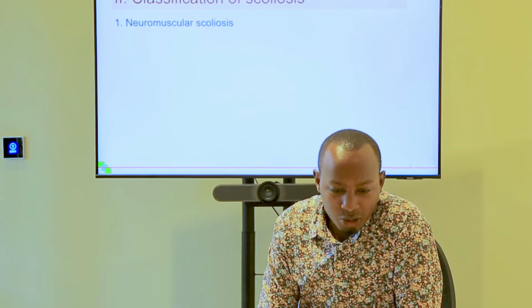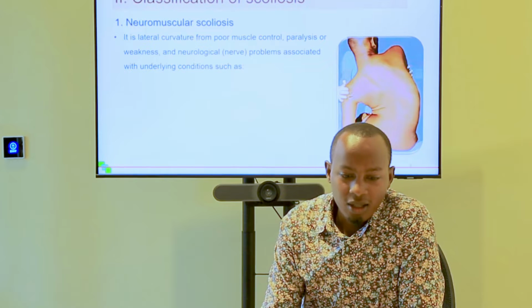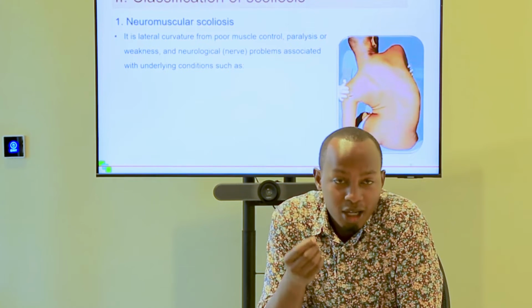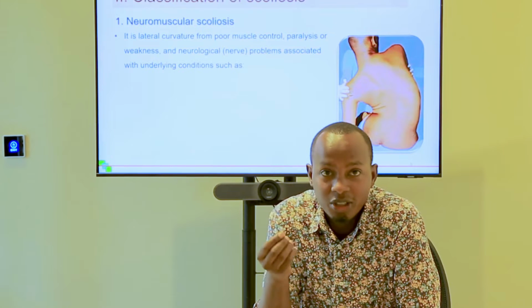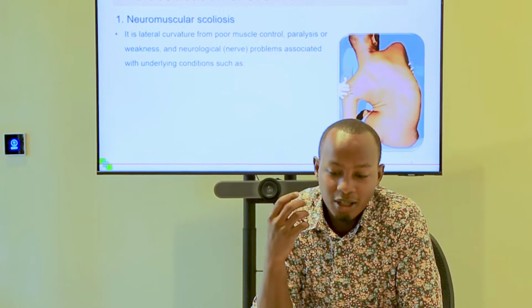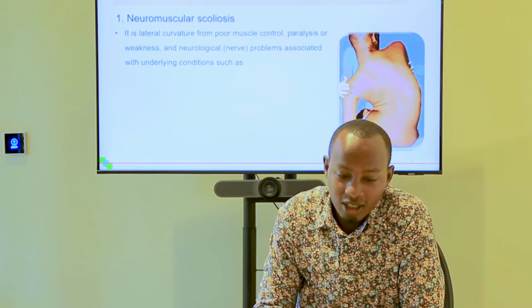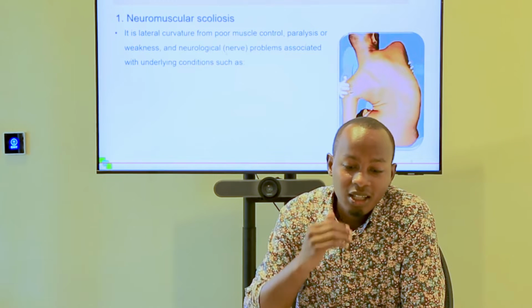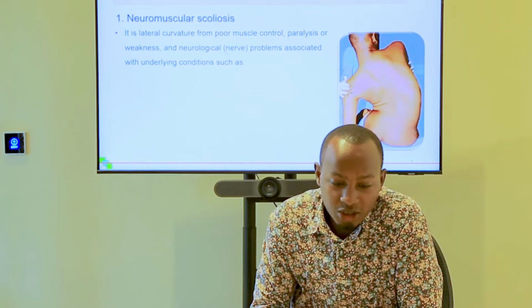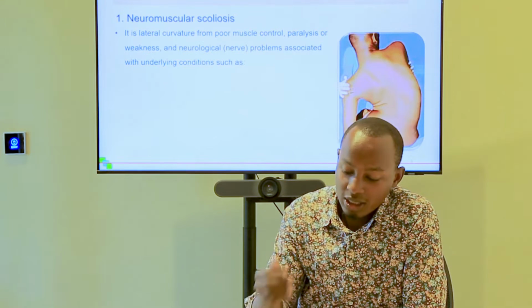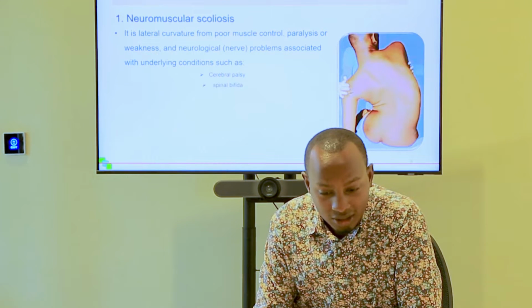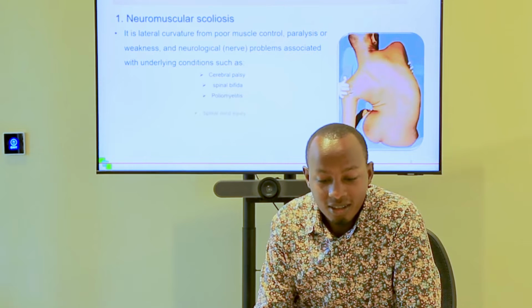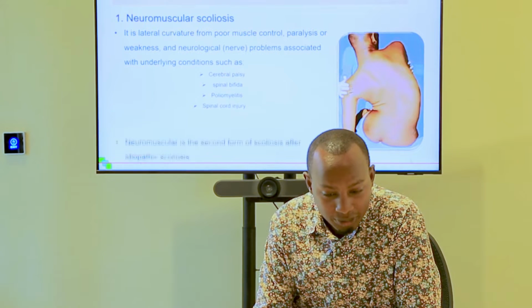With neuromuscular scoliosis, the lateral curvature comes from poor muscle control, or paralysis, or sometimes weakness of the muscles of one side, and also sometimes neurological problems associated with underlying conditions including cerebral palsy, spina bifida, poliomyelitis, or spinal cord injury.